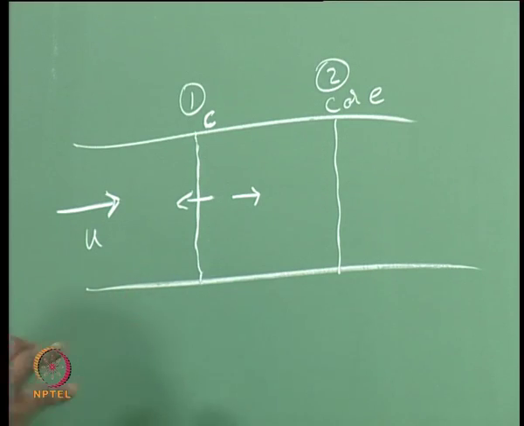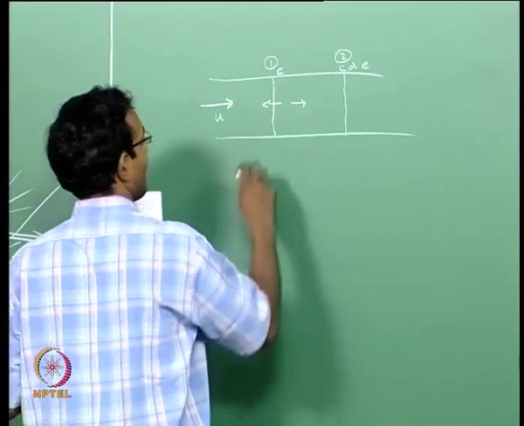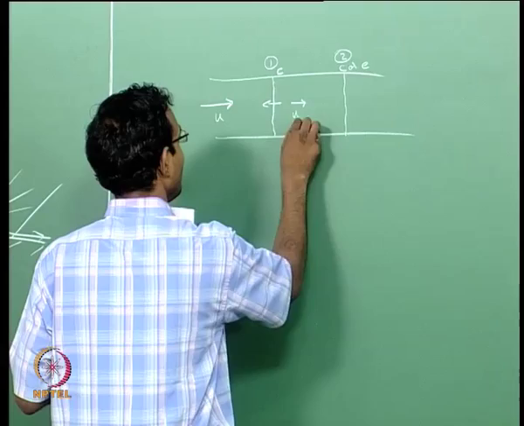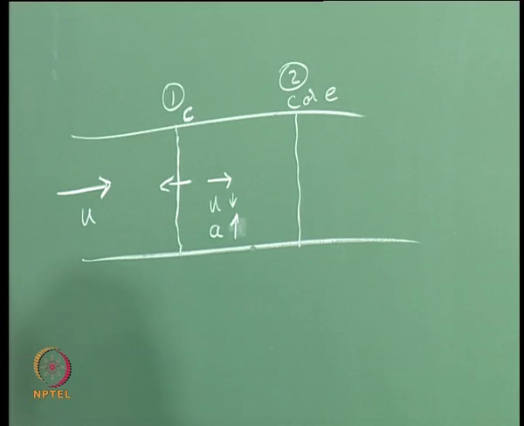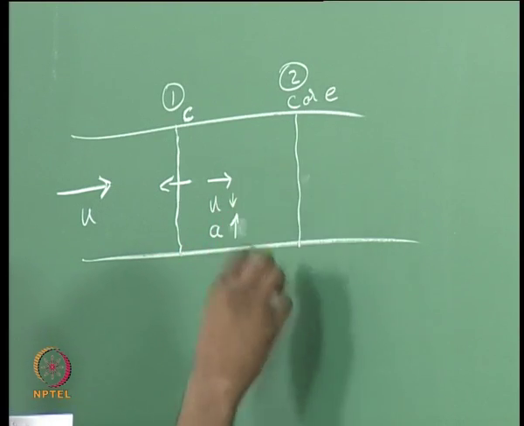That is the final outcome of this. I am talking 1D here because it is easy to understand. The same thing will happen in 3D also. Anyways, this is happening, which means my u decreased, but my a increased. What is the wave velocity with which this is going to travel finally?